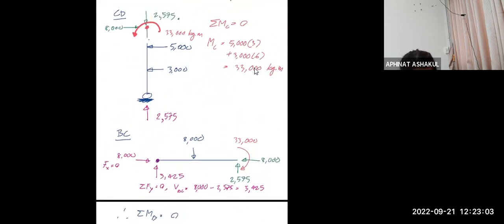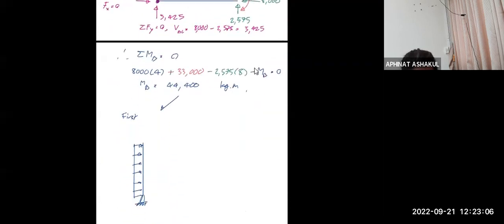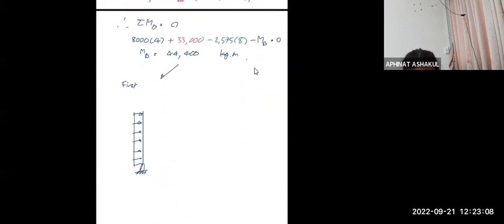Let me go back. What's our reaction? We have 5,425 here. And then, ooh la la, look at how tricky it is. The reaction is in the same direction as the load. So you can hardly believe that, right?